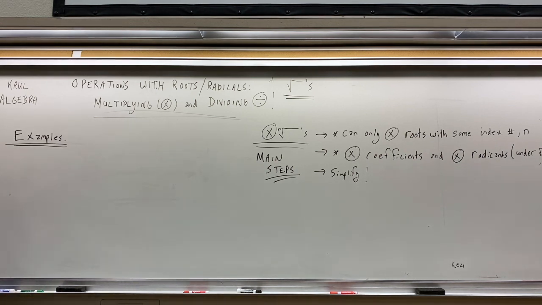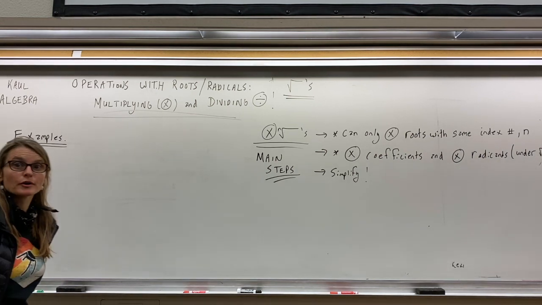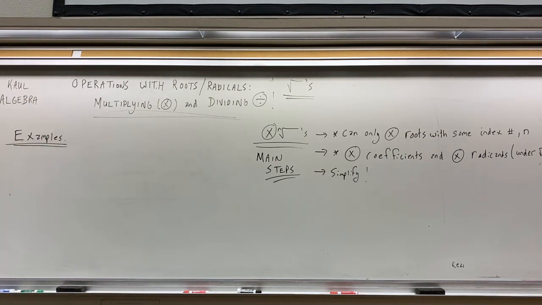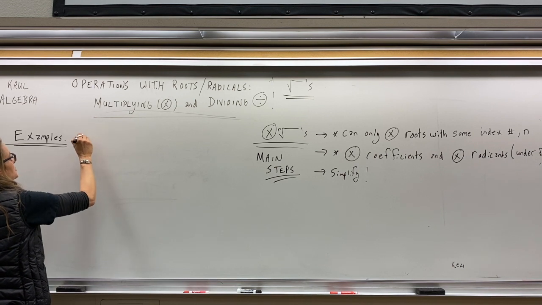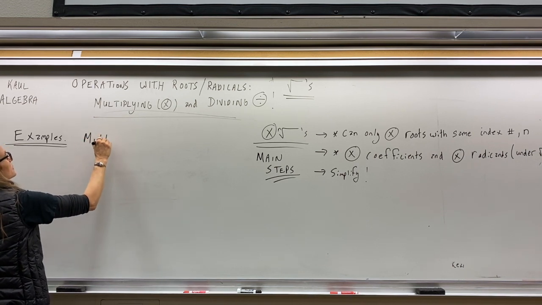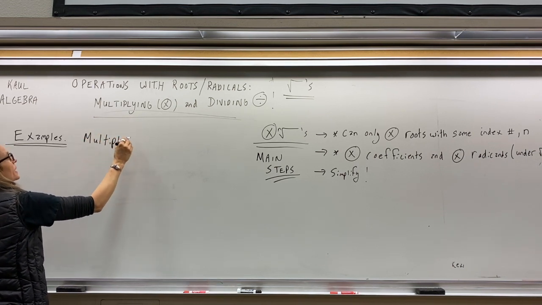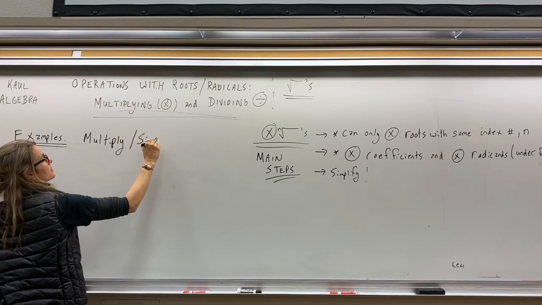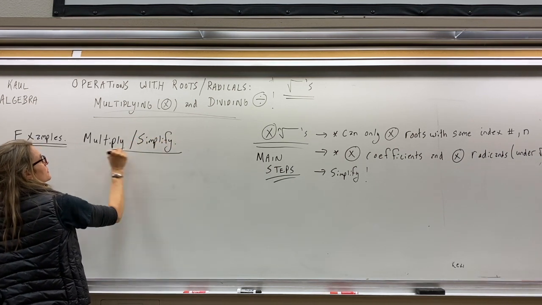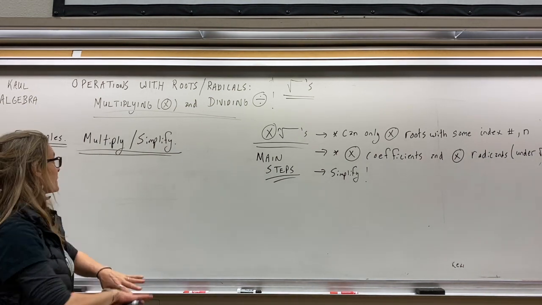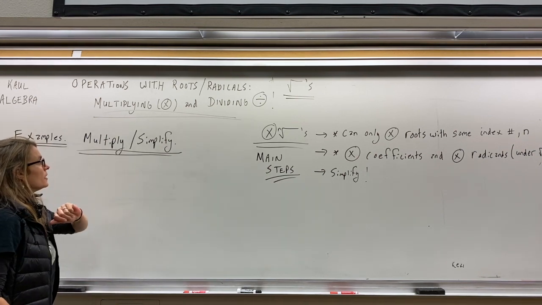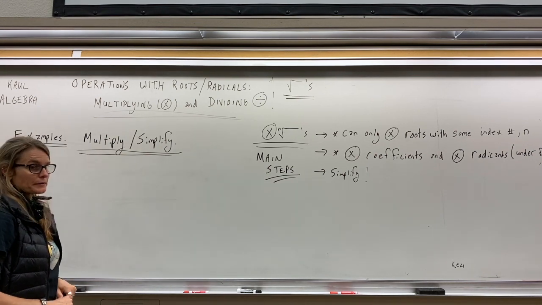And these will be much in line with what you typically see on homework problems, worksheets, quizzes, exams, etc. So in these examples, the directions will be multiply and/or simplify. Sometimes the directions will say both or just one or the other, but you need to be aware that you want to do both. You always want to make sure you simplify radicals.